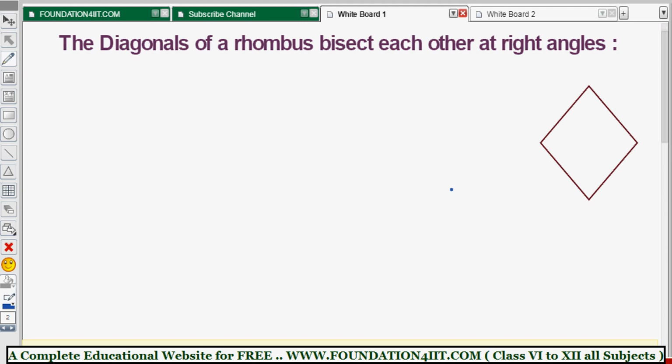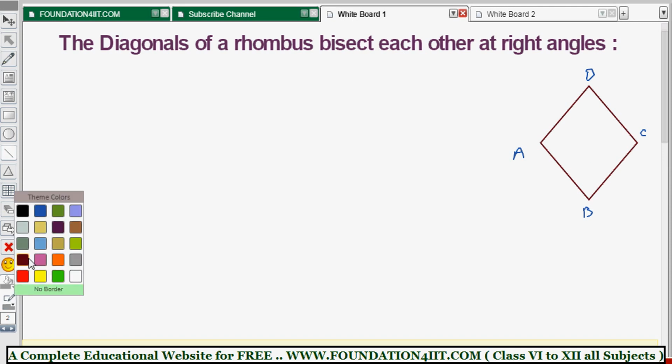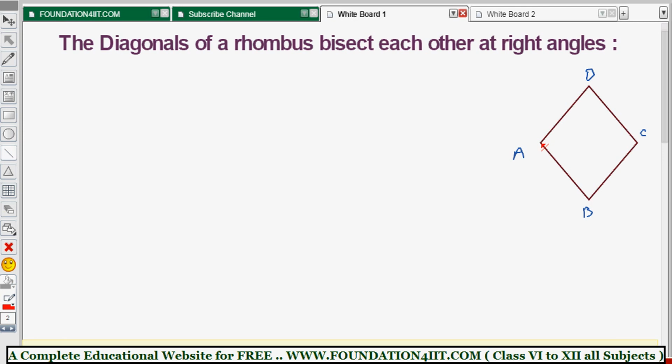If you take the letters A, B, C, D as the four vertices, the diagonals are AC and BD. So draw the diagonals. A to C is one diagonal and B to D is another diagonal.